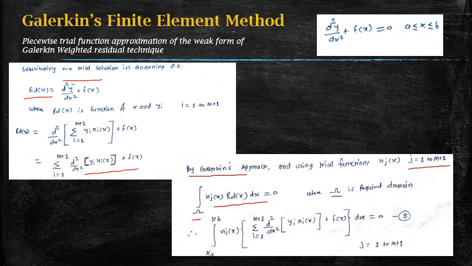Now our domain varies from xa to xb. So further simplifying, substituting the value of Rd of x that we have calculated, the integral from xa to xb, that is our domain, of nj of x into the bracket summation i equal to 1 to m plus 1 of d2 by dx square of yi into ni of x, plus f of x, dx is equal to 0. This is simply how we have applied Galerkin's weighted residual method.